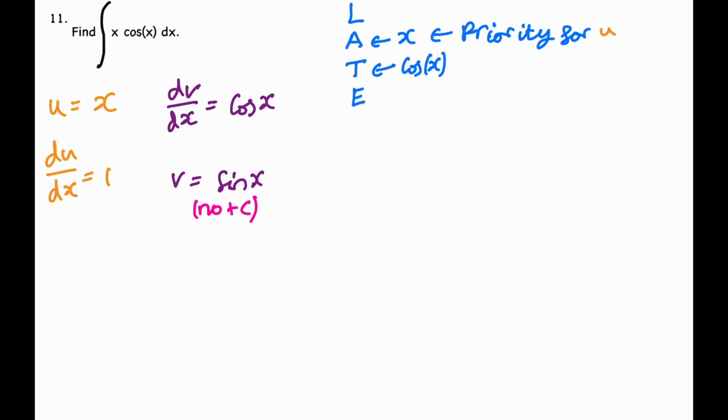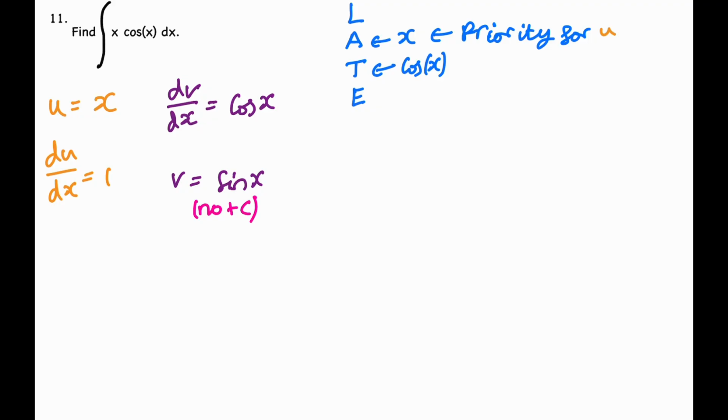Now you differentiate u and integrate dv over dx to find your du over dx and your v. When you differentiate x, you get 1, pretty easy. And when you integrate cos x, you're going to get sin x, because sin x differentiates into cos x. In this case, you don't really need to add a plus c, because we're substituting the values into the equation.